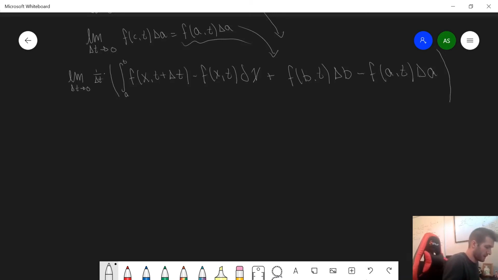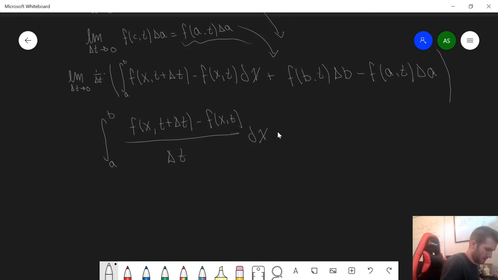So what this ends up being is our integral from a to b of, essentially, our difference quotient of our arbitrary function that we chose to represent, f of x, t plus delta t minus our function of x, comma t, all over delta t. And this is with respect to x.